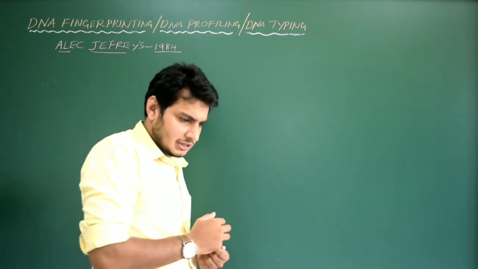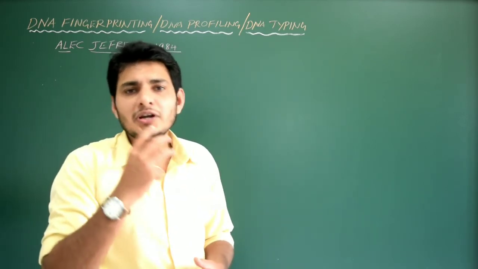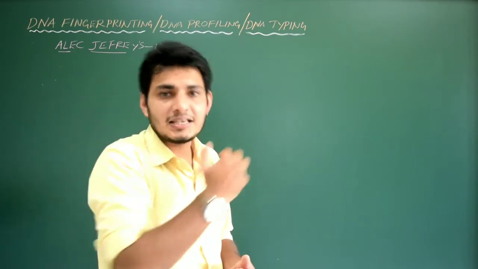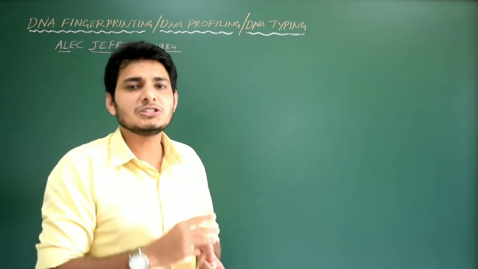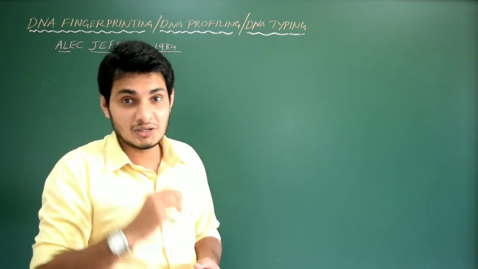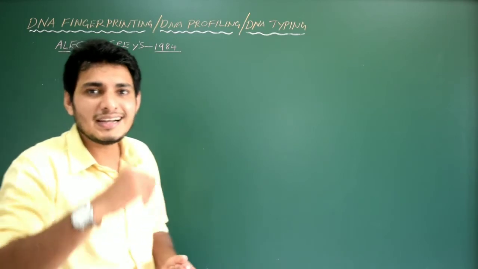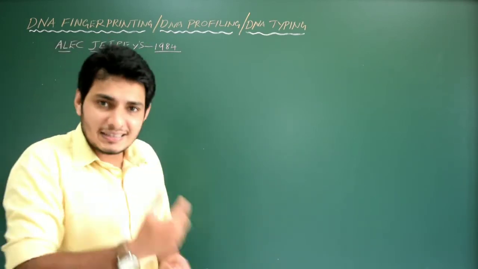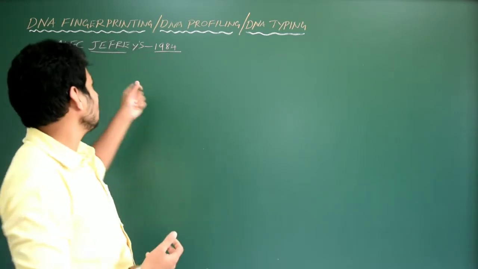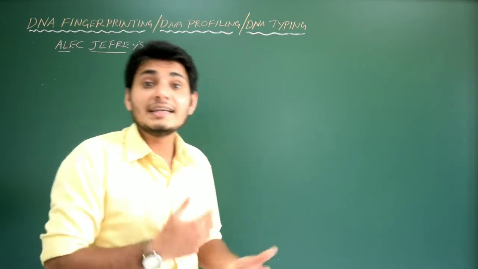I think you know that in the Human Genome Project, when I was explaining the salient features, 99.9% of the sequences are exactly the same in all human beings, but there is a slight variation. That slight variation is 0.1 percent. So the main basis for DNA fingerprinting is that 0.1 percent variation. Got it? Using that technique, he developed DNA fingerprinting to identify individuals.